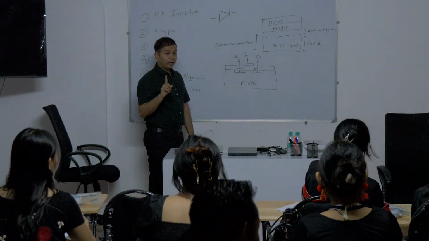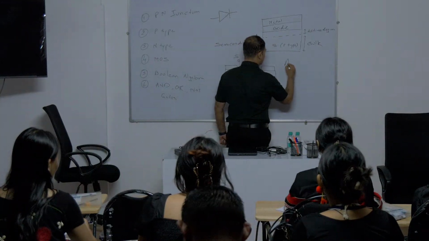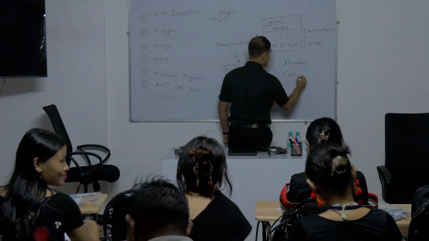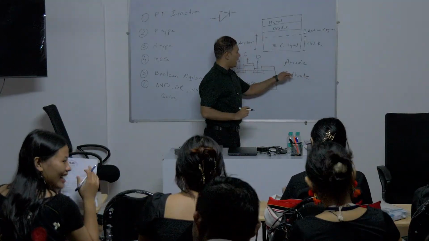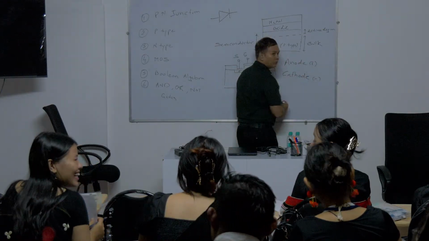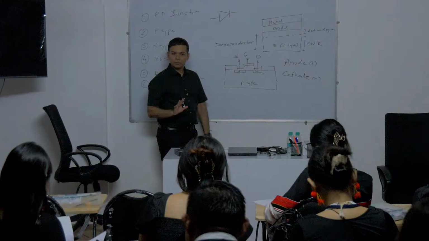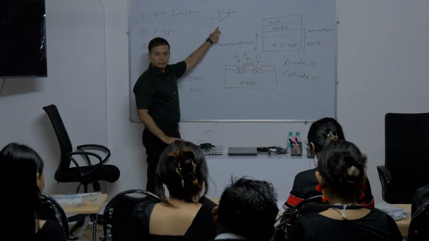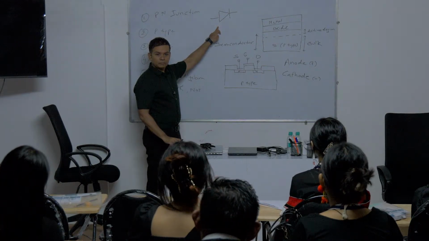Now you said anode and cathode, right? So let us first understand what is anode and what is cathode. Usually, just keep it very simple. Anode is something which is positive and cathode is something which is negative. Keep it very simple. So over here, which one will be the anode? Plus.